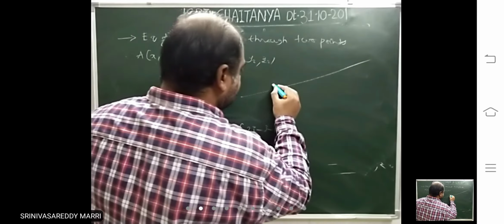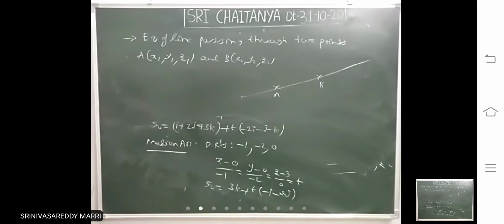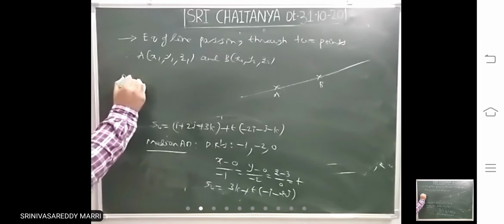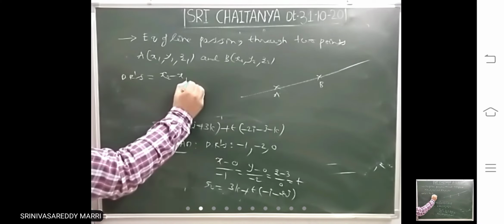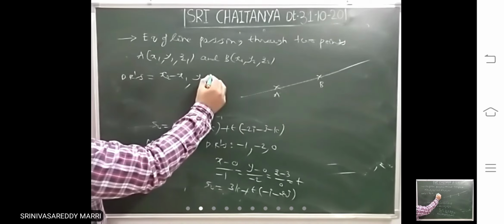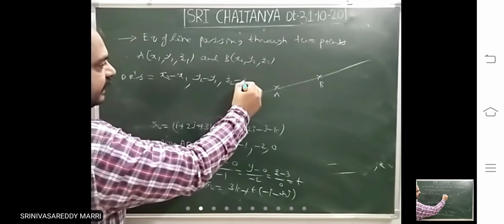This is called the 2-point form. So point A is there, point B is there. Just calculate the DRs. The DRs are x2 minus x1, y2 minus y1, z2 minus z1.